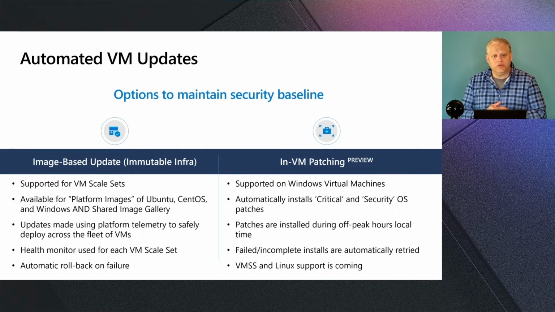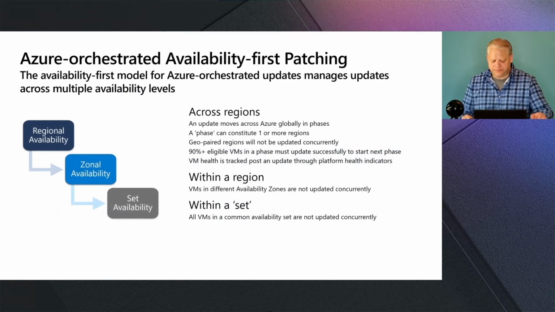What this will do is automatically update your VM instances in a very safe and reliable manner, applying critical and security OS patches. In addition, it'll do this explicitly at off hours within the local data center. So in the hours of 4 a.m. to 8 a.m., it will do these updates to try and avoid as much impact to your application as possible.